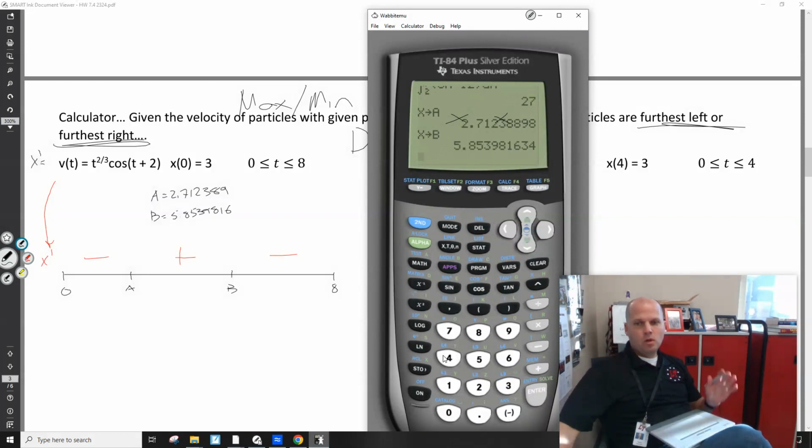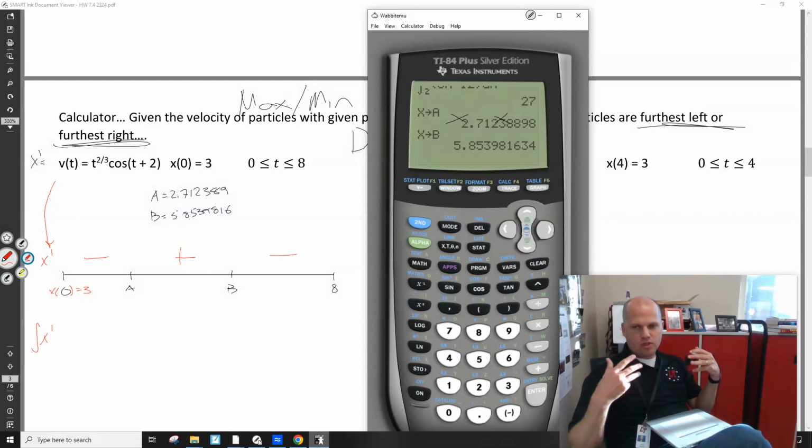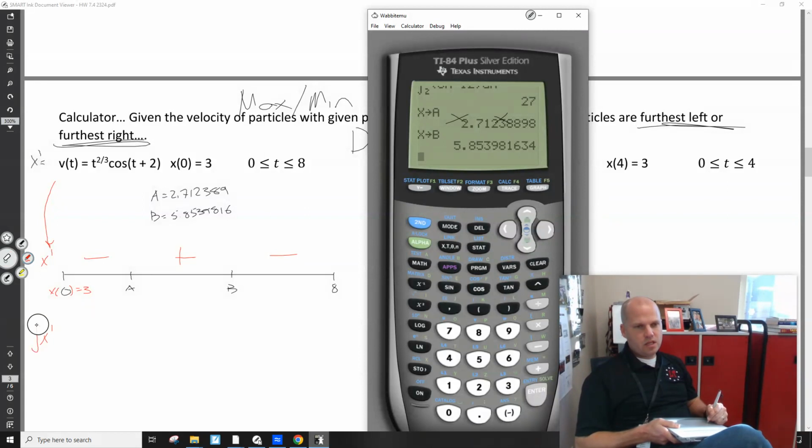Great. Now, we can't find the position function, but we do know a starting position, x of 0 is 3, and we will use our calculator to find the displacements. The accumulation of the derivative tells me how much I'm going to decrease, how much I'm going to increase.